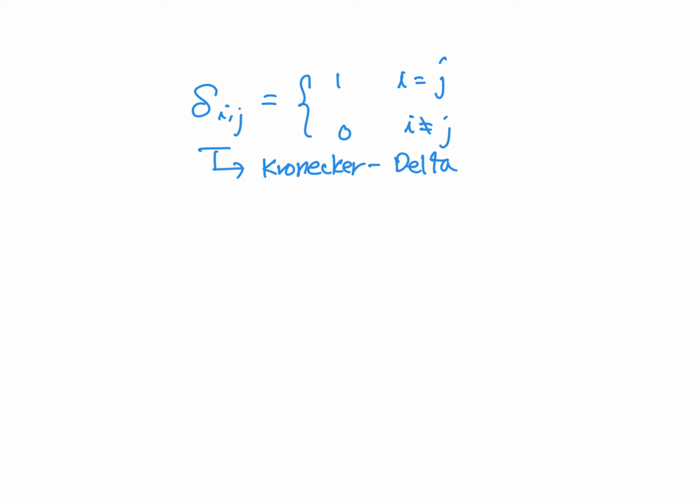Kronecker delta is, when the subscripts are the same, 1. But when the two indices at the subscript are different, they are 0.